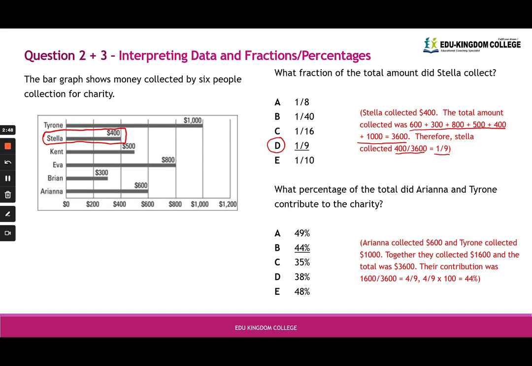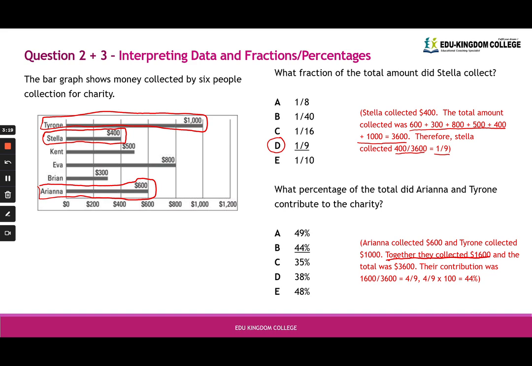Now, in the next question, it says, what percentage of the total did Ariana and Tyrone contribute to the charity? We see that Ariana collected $600 and Tyrone collected $1,000. So in total, they've collected $1,600, because we just do 600 plus 1,000.